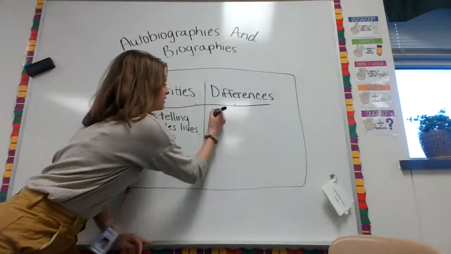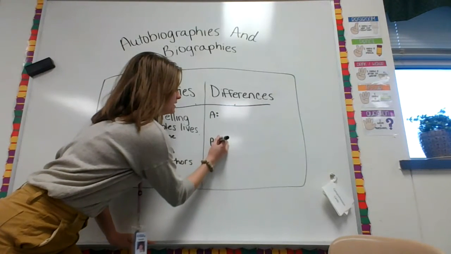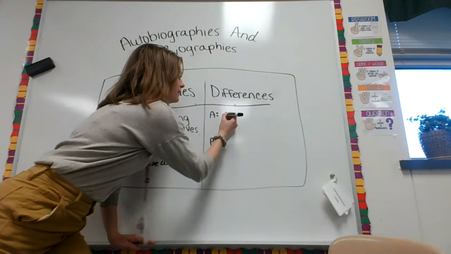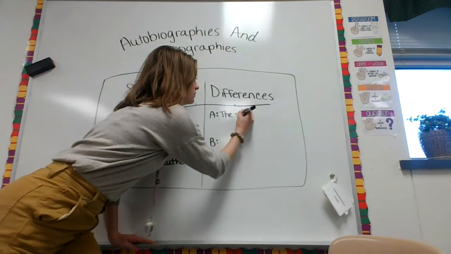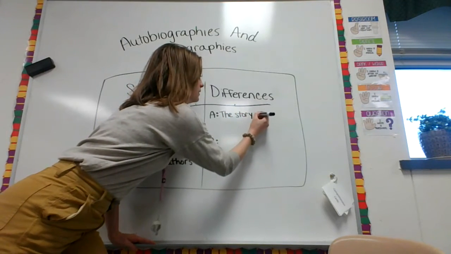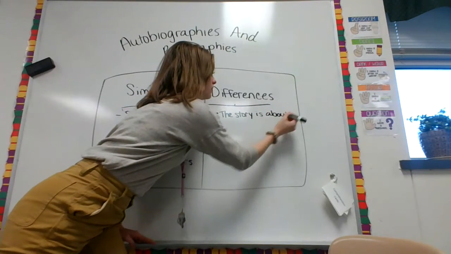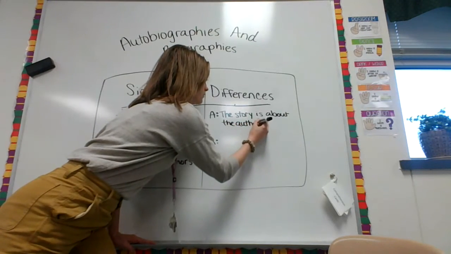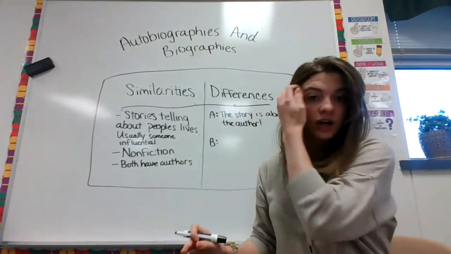So I'm going to write A right here, because this is something about an autobiography. I'm going to put B down here for biography. An autobiography, the story is about the author. So the author's writing about themselves, right? The subject and the author are going to be the same thing.